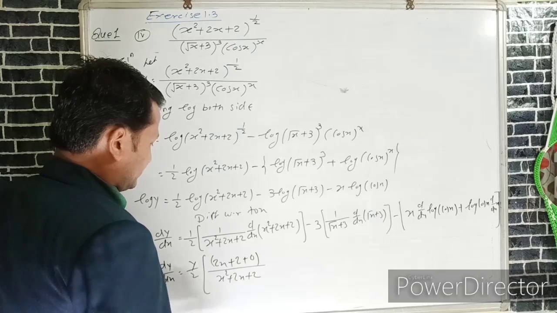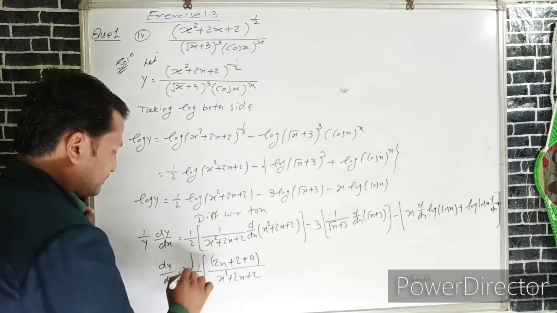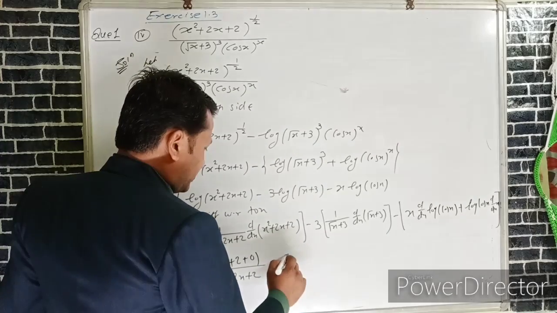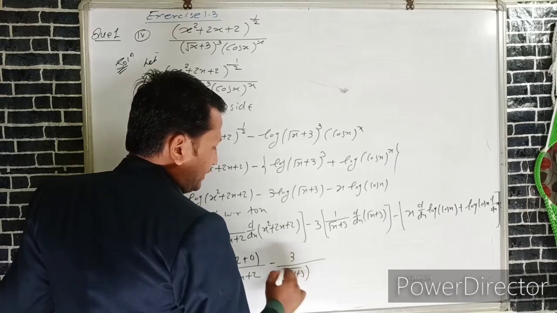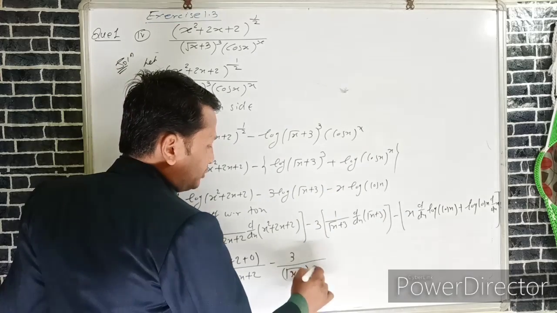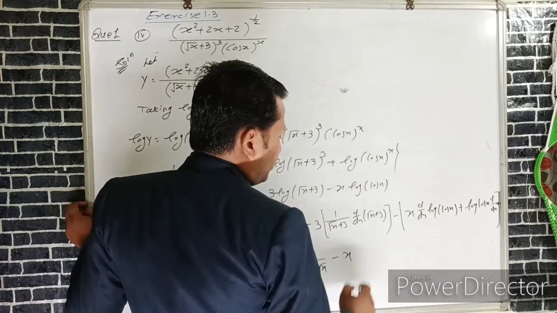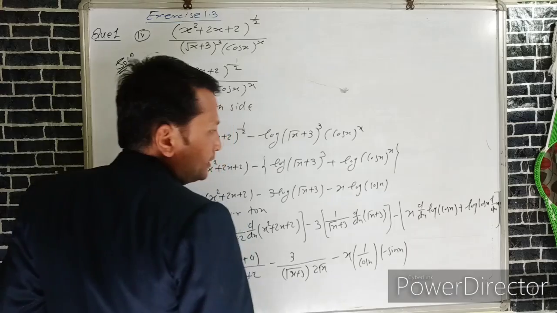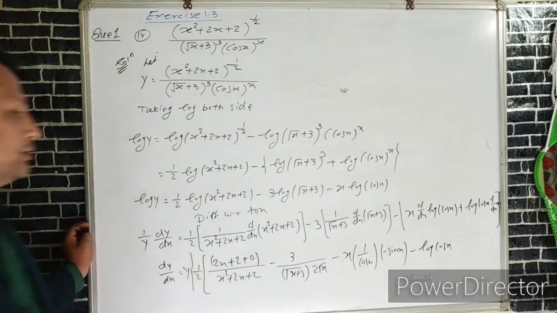Here again, sorry, this 1 by 2 is a multiple of only this bracket, minus 3 into 1 is 3 upon the derivative of under root x plus 3, and the derivative of root x is 1 upon 2 root x and the derivative of plus 3 is 0, hence we can write 2 under root x, minus this x into the derivative of log of cos x, which is 1 upon cos x, and we take again the derivative of cos x, which is minus sin x, minus plus minus, and log of cos x as it is, the derivative of x is 1.